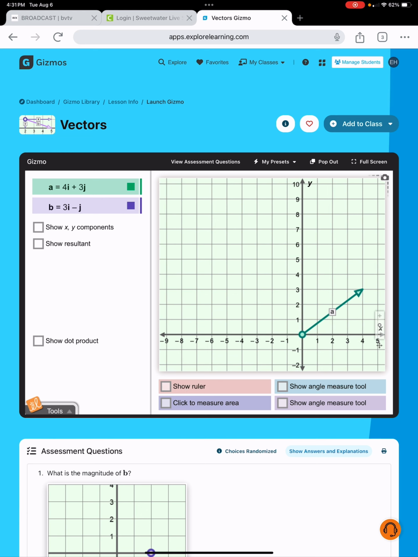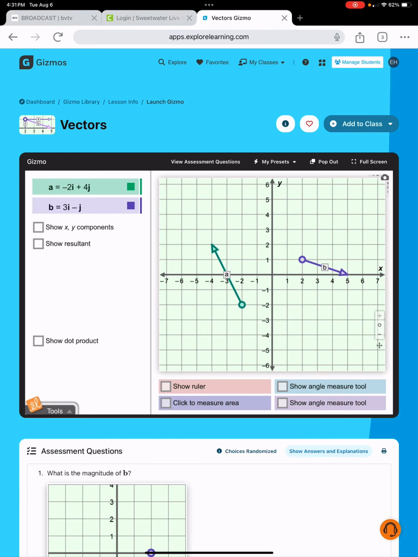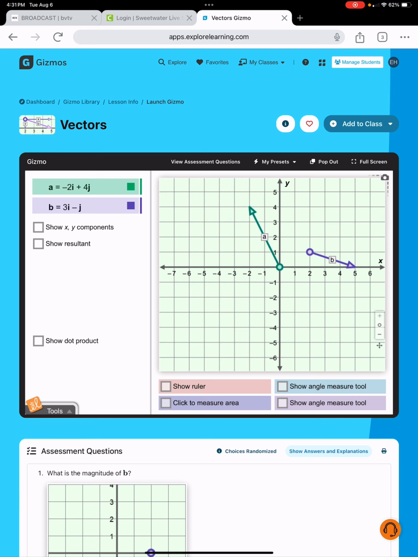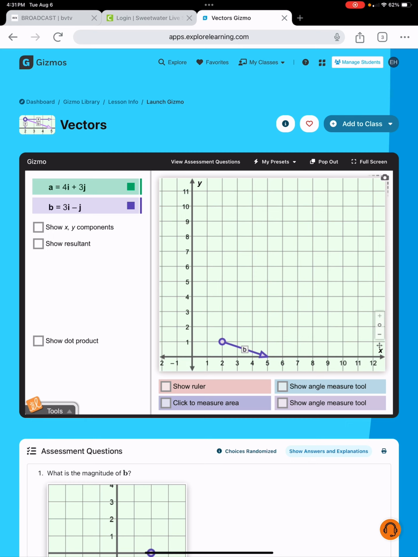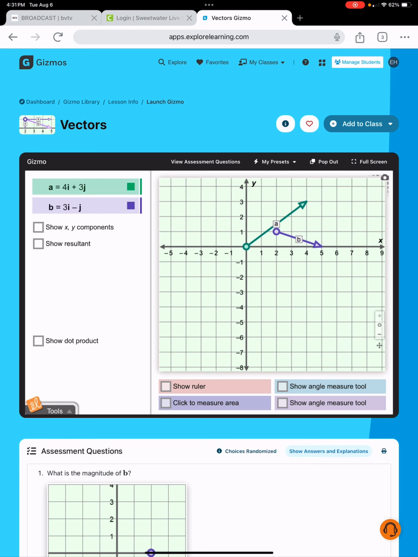Sorry, not cooperating at the moment. Okay, so I'm going to move this here, and I'll move this here. Turn on show ruler. There we go.